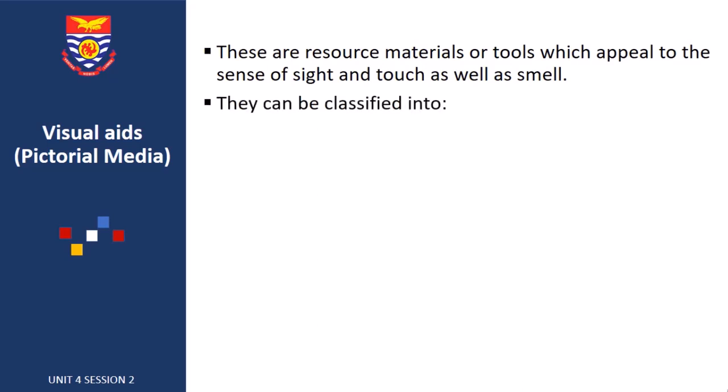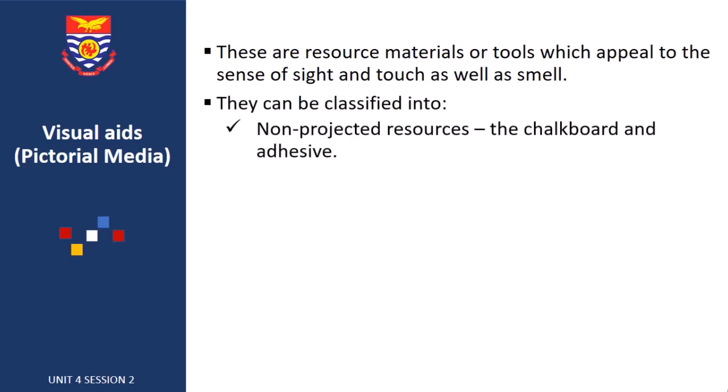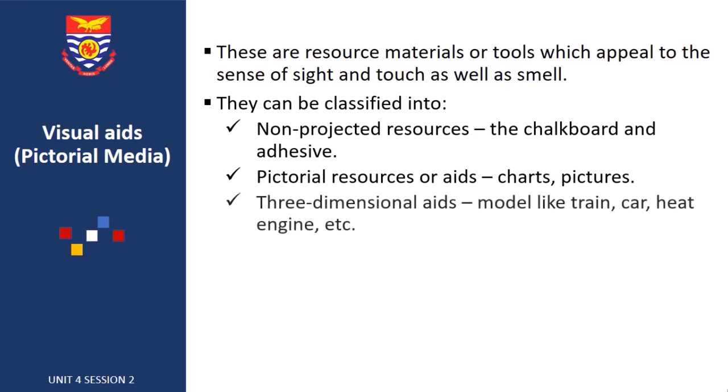They can be classified into non-projected resources like the chalkboard, pictorial resources or aids like charts, pictures. We have three-dimensional aids. So here we have models like trains, car, heat engines.